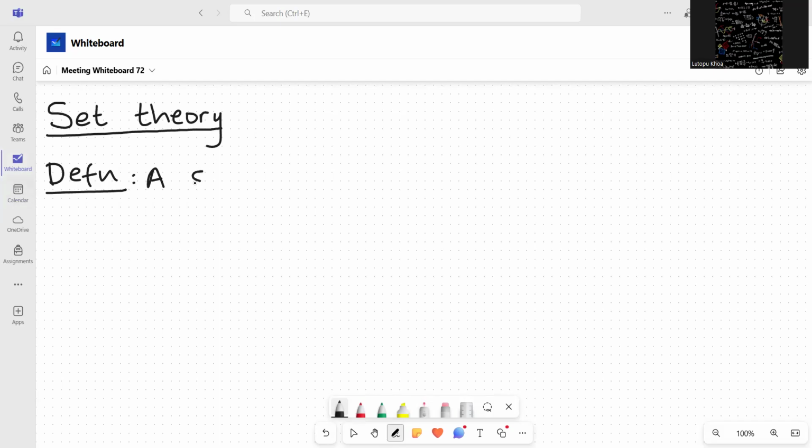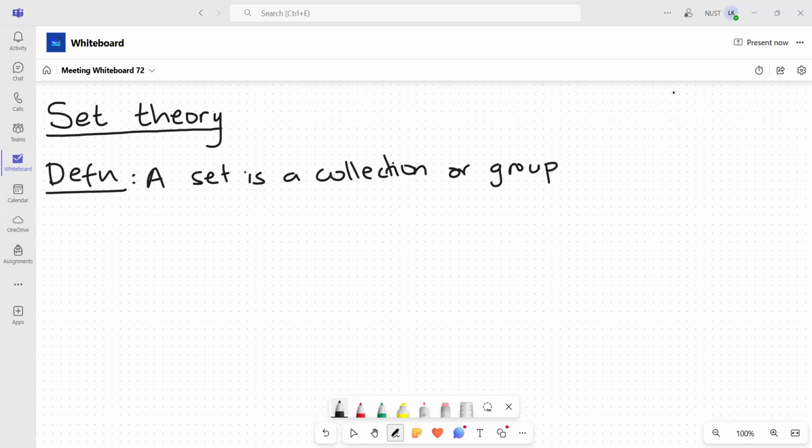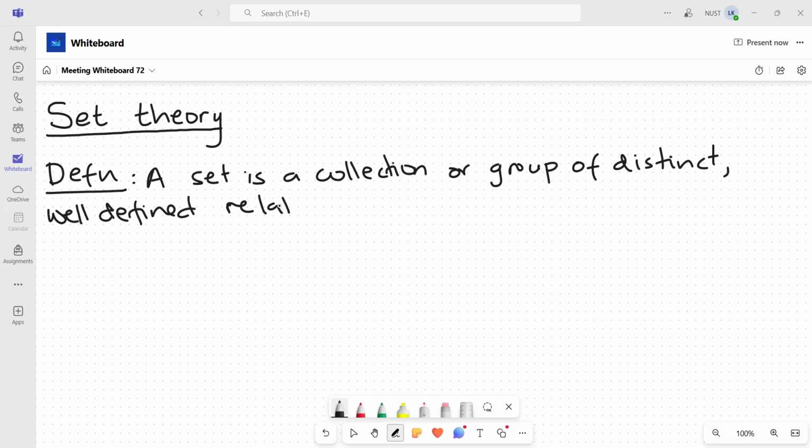We say that a set is a collection or a group of distinct, so that means we do not have any repetitions, and well-defined related objects.